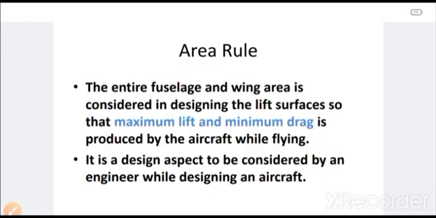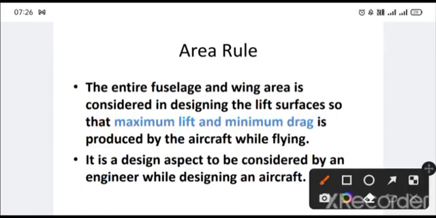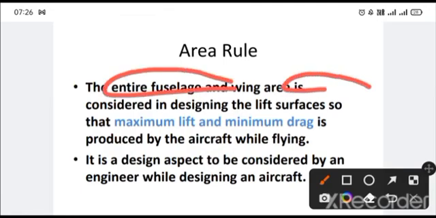And there is also another small point, which is about the area rule. What is the area rule? Whatever lifting surfaces we are making, we should not only think about making the wing the lifting surface, we should think about making the horizontal stabilizer a lifting surface.